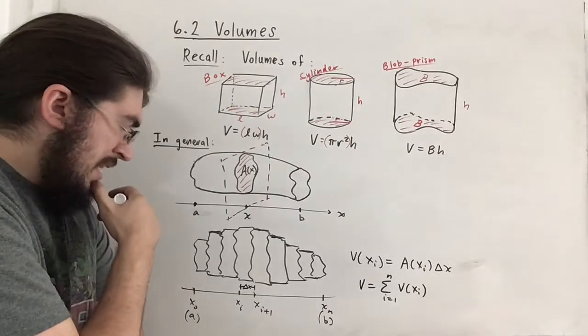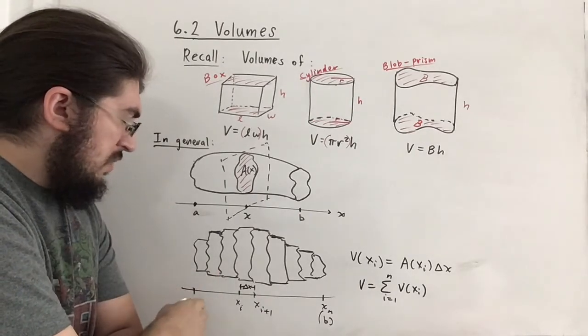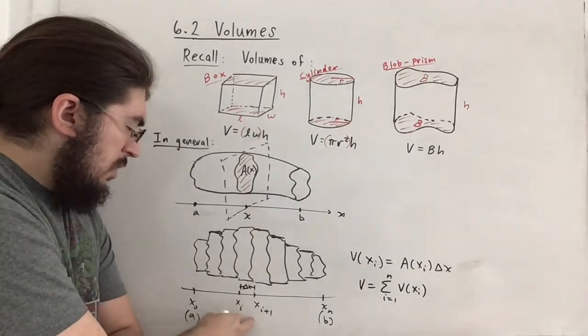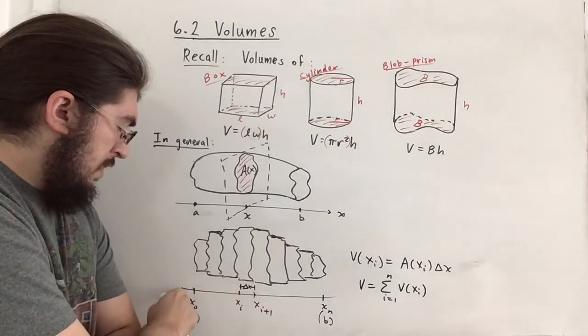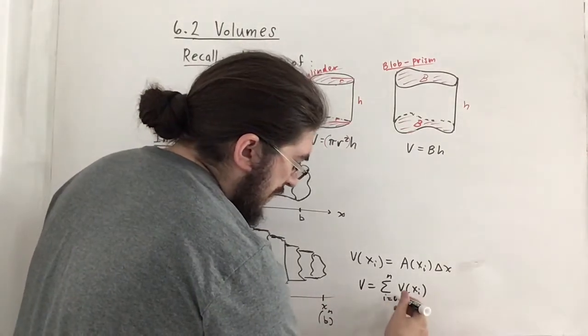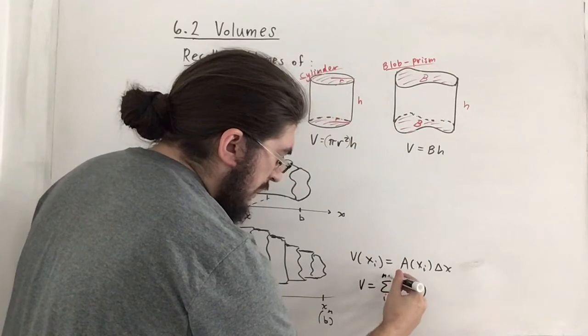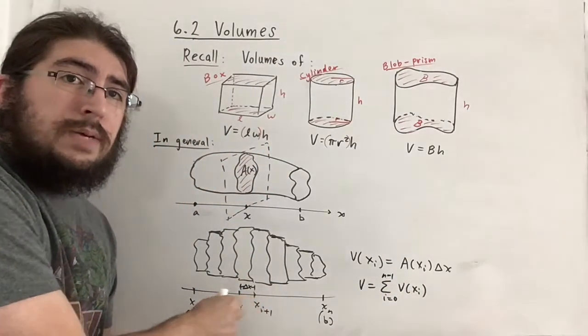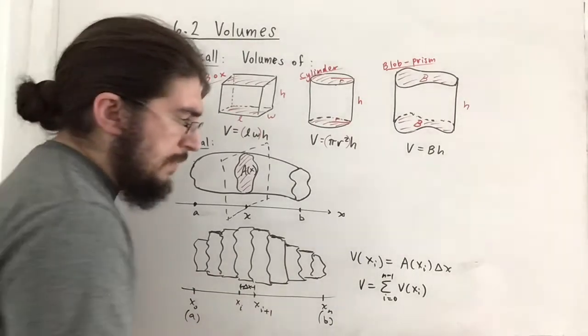Now, the way I'm defining it is kind of funny. I'm really defining it by a left endpoint, not by a right endpoint. So it would really start from x0 to n minus 1, but it doesn't really matter how you pick these points. In fact, in reality, you can pick any x star in between this subinterval, and then you can create a Riemann sum like that.